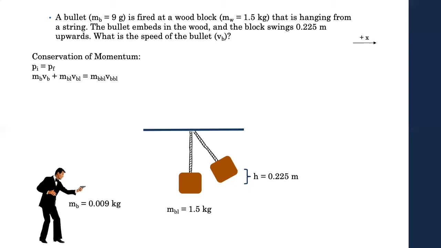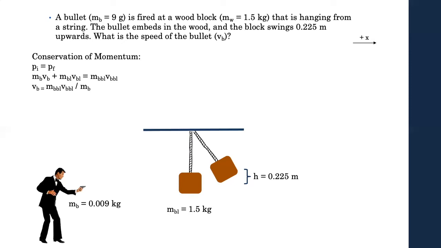So we can say that the mass of the bullet times the speed of the bullet, plus the mass of the block times the speed of the block, stationary initially, is equal to the mass of the bullet and block combined times the speed of the bullet and block combined.